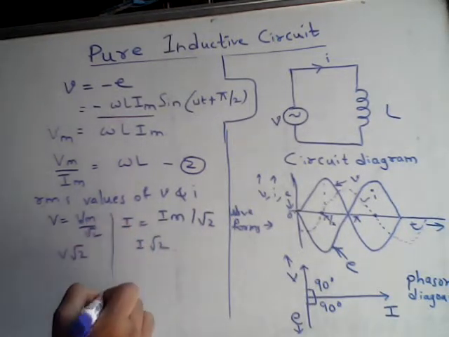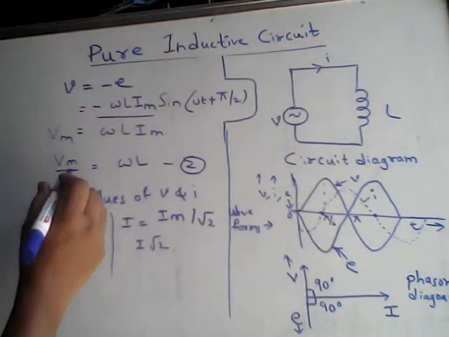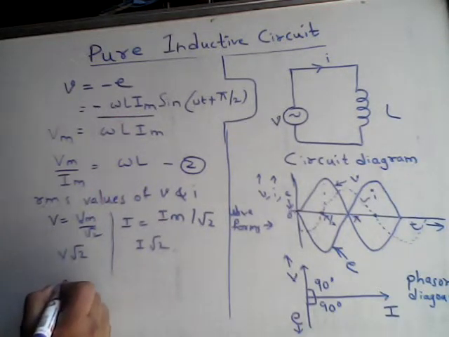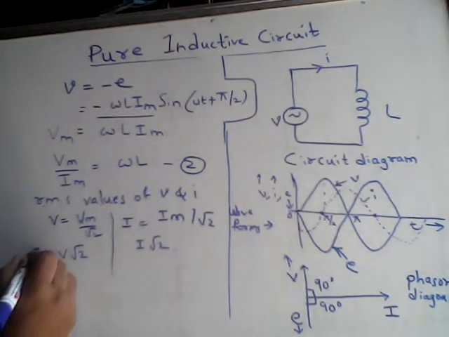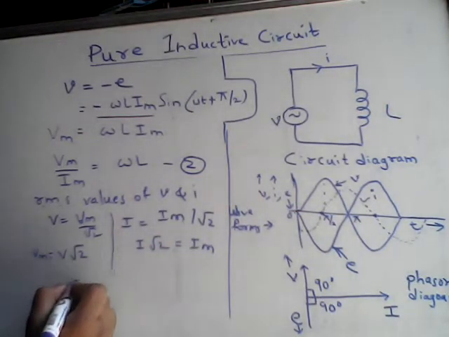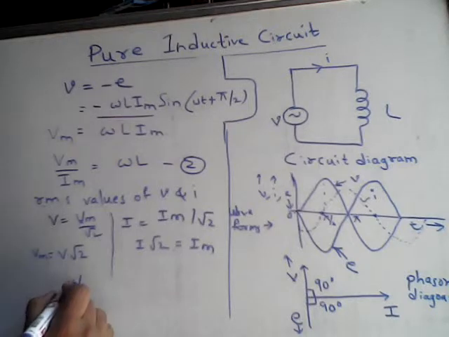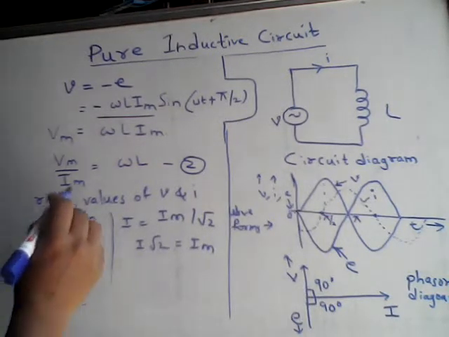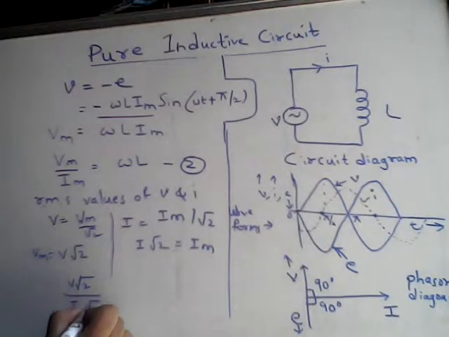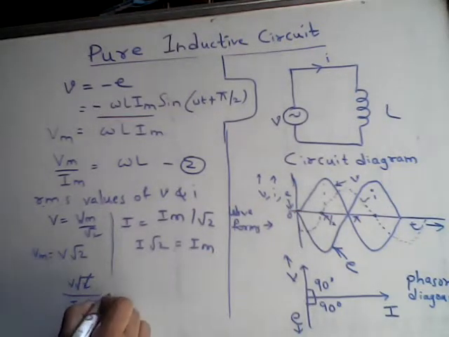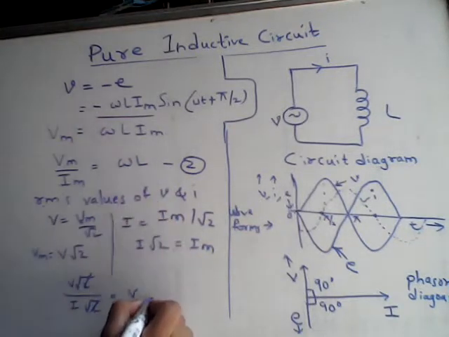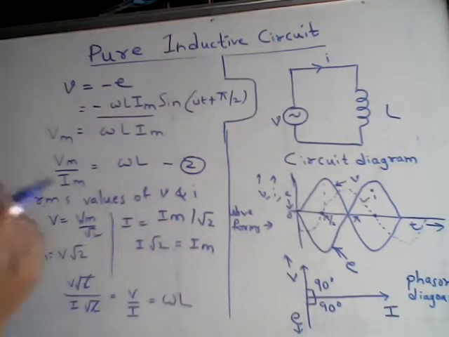Then if we substitute the values, Vm by Im is V into root 2 divided by I into root 2. Root 2 will cancel, so this will be equal to V by I, and that will be equal to omega L.